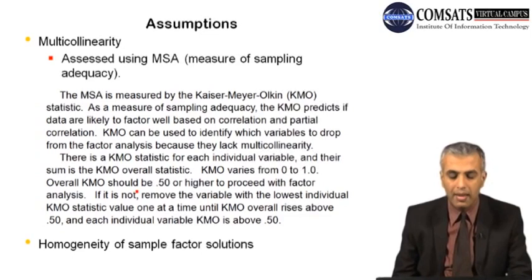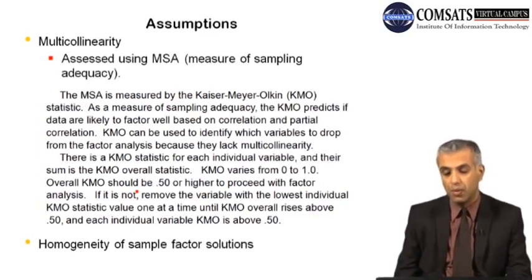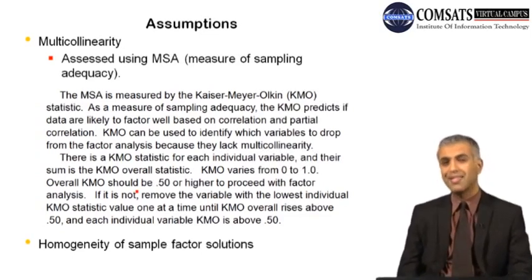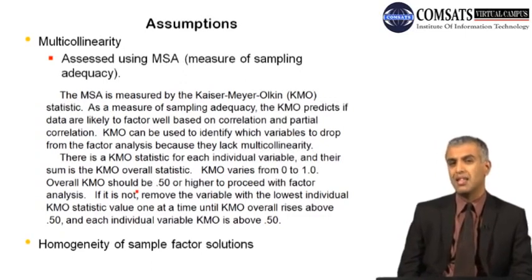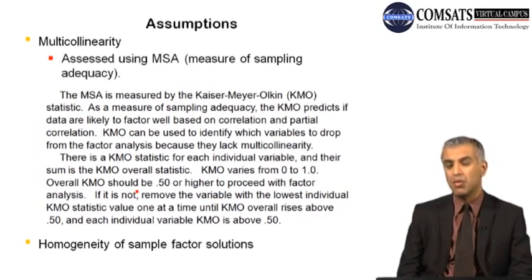KMO varies from 0 to 1, and it is calculated by dividing the sum of squared correlations among variables by the sum of squared correlations plus the partial correlations among variables.